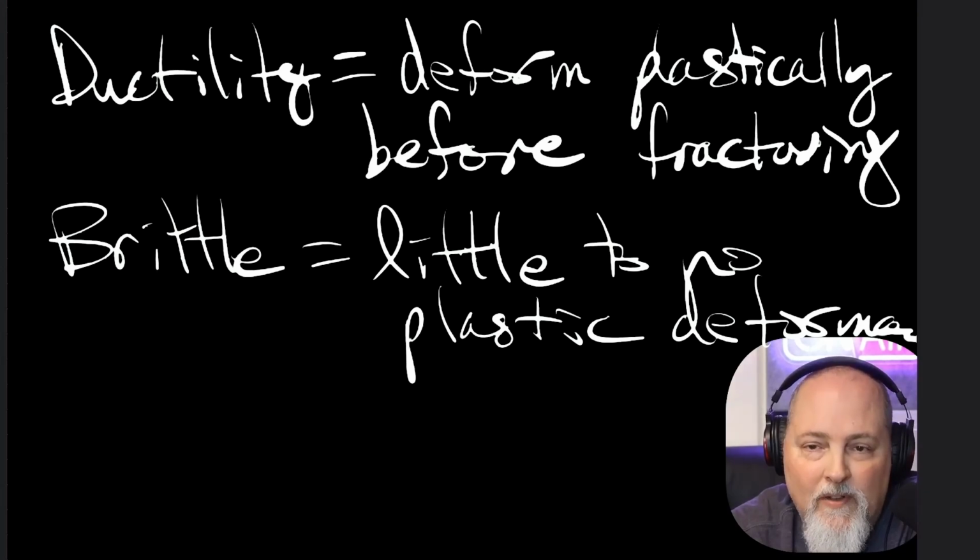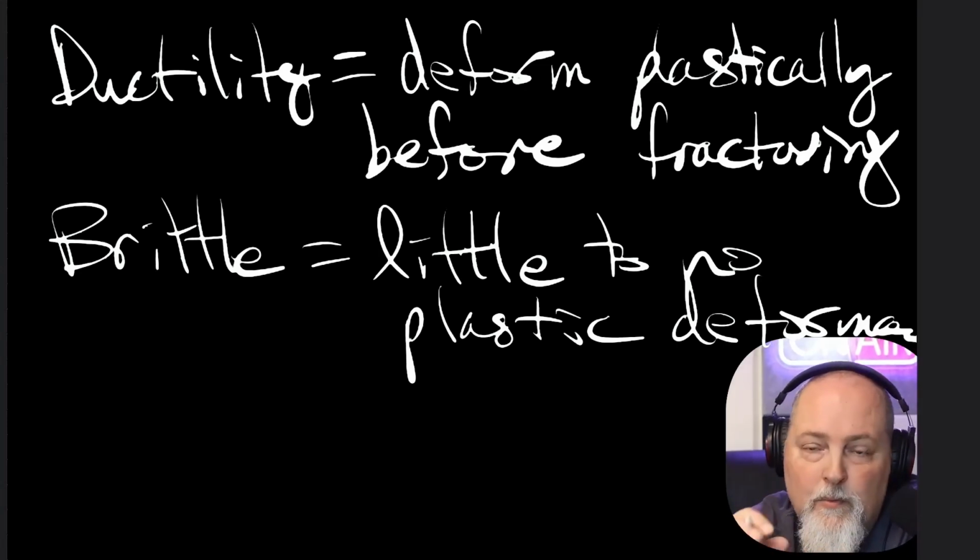More available slip systems generally mean easier deformation and greater ductility. Goes back to the FCC, that FCC metals slip most easily. Now, HCP, the hexagonal, has very limited slip systems at room temperature and is the least ductile, so it's not something we want to use as a metal in our structures.